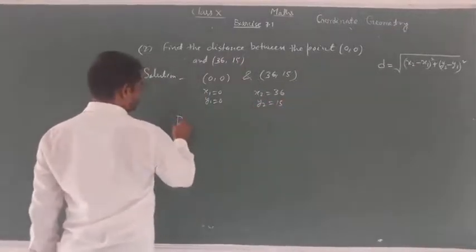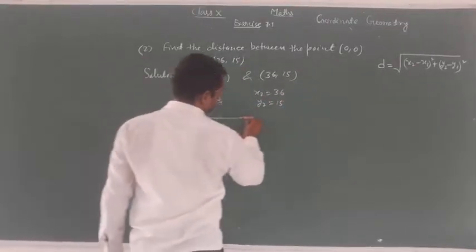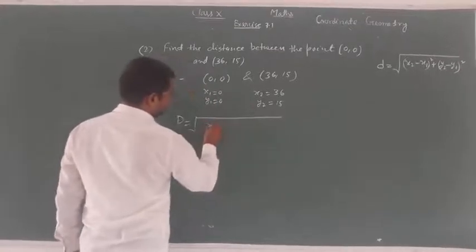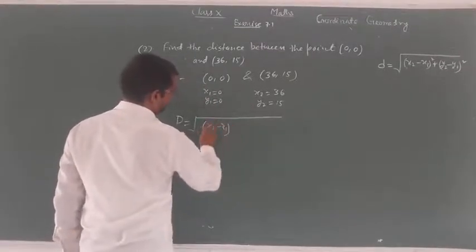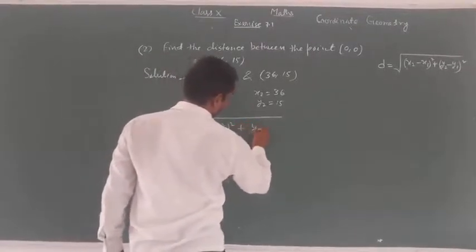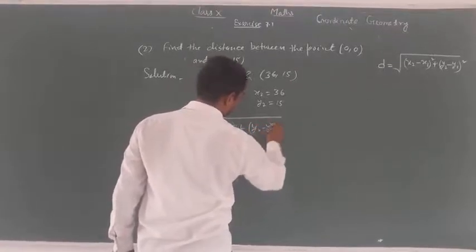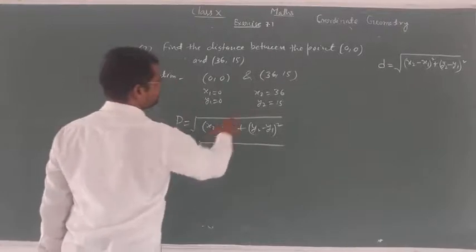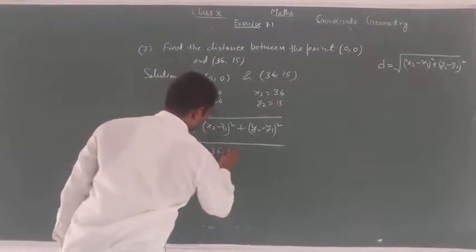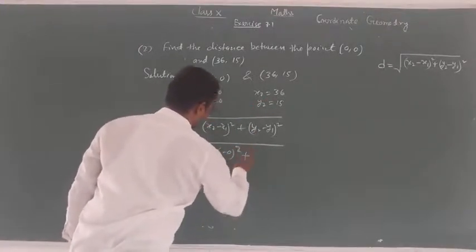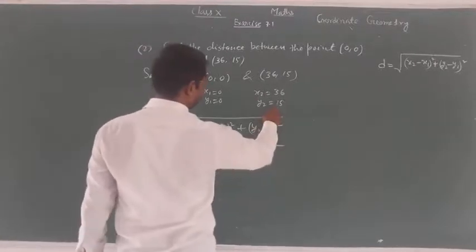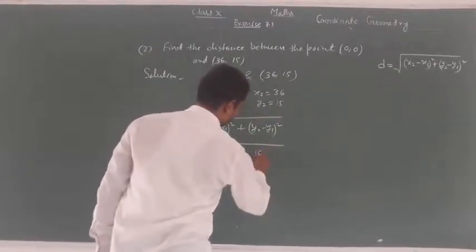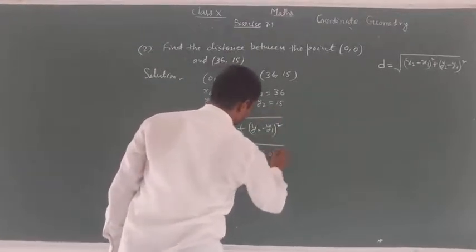Now the distance formula D is equal to the square root of (x2 minus x1) square plus (y2 minus y1) square. So (36 minus 0) square plus (15 minus 0) square.